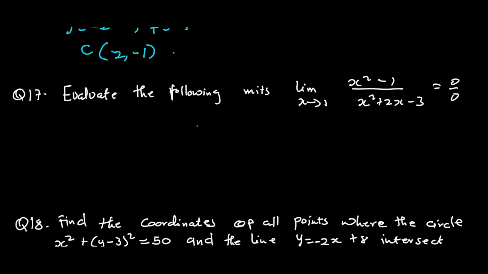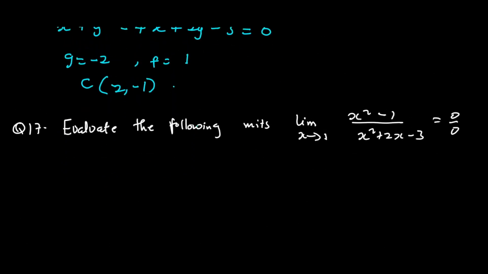Now we go to question 17, and for question 17, we say evaluate the following limits. So the limit is given as x squared minus 1 all over x squared plus 2x minus 3. Now if I substitute in the value, I'll get 0 over 0, and 0 over 0 is indeterminate, so we can work around this by trying to remove the discontinuity or the gap.